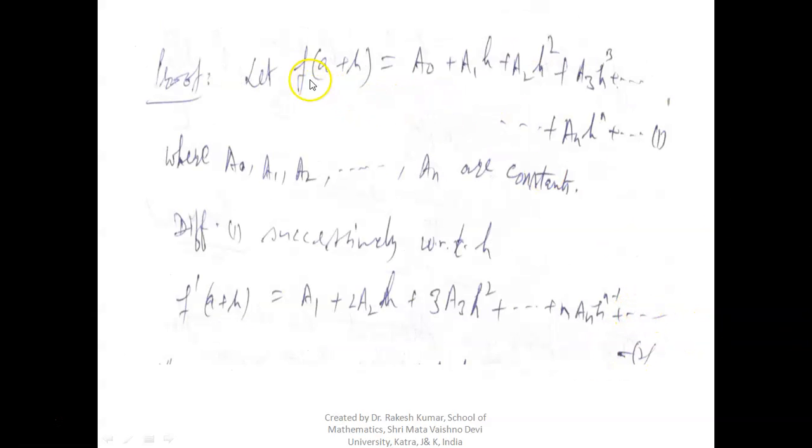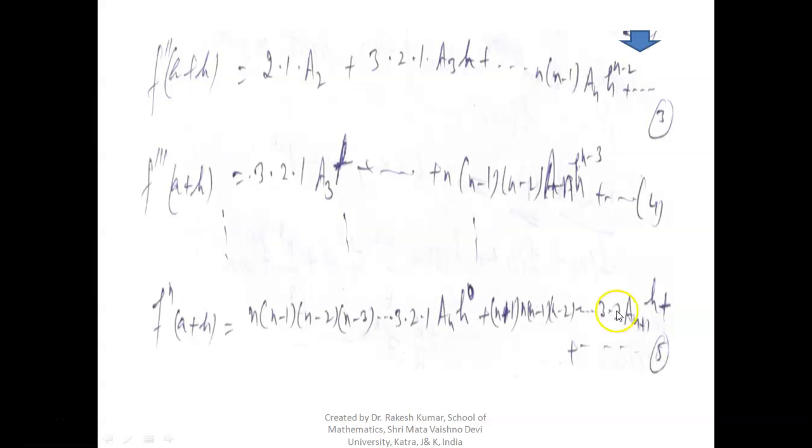Proof of this theorem. So let us consider f of a plus h is equal to a naught plus a1 h plus a2 h square plus a3 h cube and so on, where a naught, a1, a2 and an are constants. Differentiating successively with respect to h the equation number 1, we get f dash a plus h, giving me this, equation number 2, and then the double derivative of this is giving me this, the simple derivatives of the respective terms with respect to h.